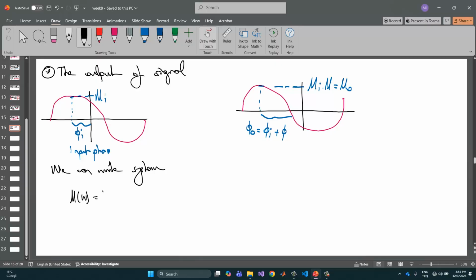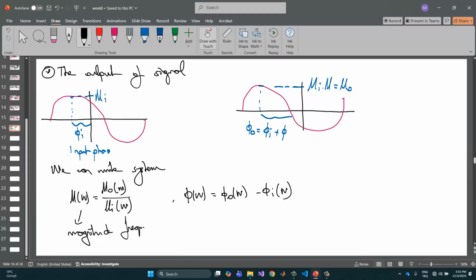M(w) is equal to what? MO(w) divided by MI(w). These are system magnitude. And also phi(w) is equal to what? Phi O(w) minus phi I(w). This is called the magnitude frequency response, and this is the phase frequency response.